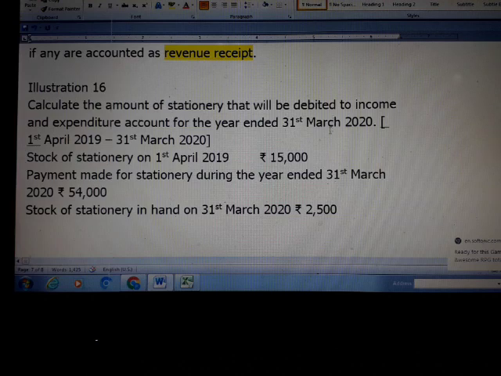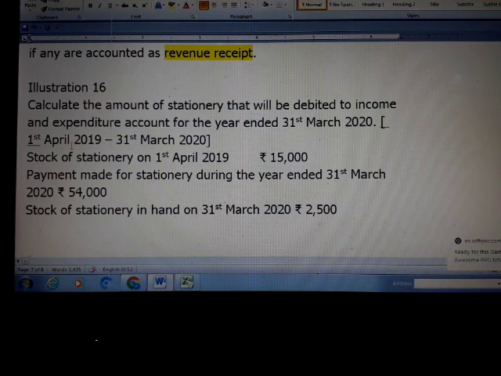Clear? So we need to work for the period 1st April 2019 to 31st of March 2020. Stock of stationery on 1st April 2019. What stock is it? It is our opening stock.